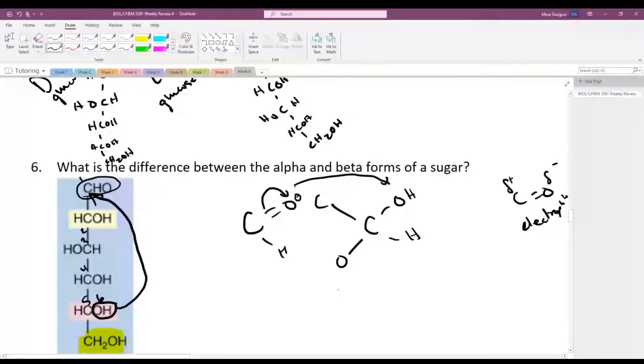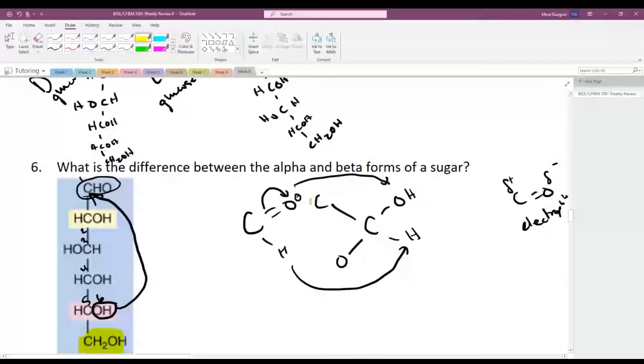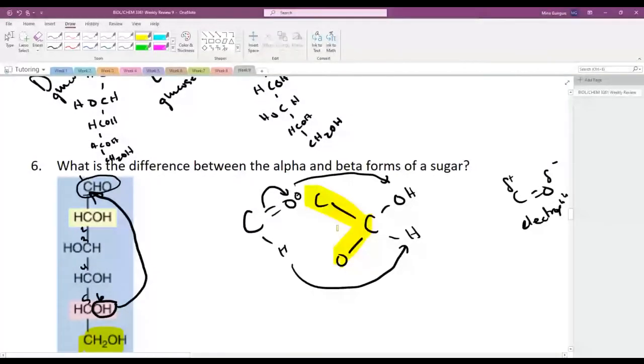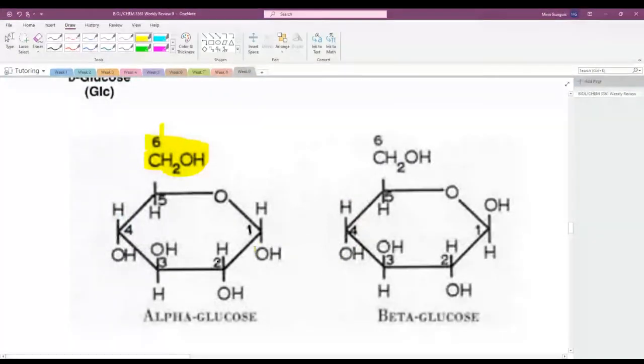Okay? So these 2 are in the ring. It's a fixed structure within that ring. The other 2 have a little bit of flexibility, and this is where the idea of alpha and beta glucose come in. So alpha glucose is glucose where what was the aldose carbon, carbon number 1, has the OH pointed down. Beta glucose has the OH pointed up. Okay?